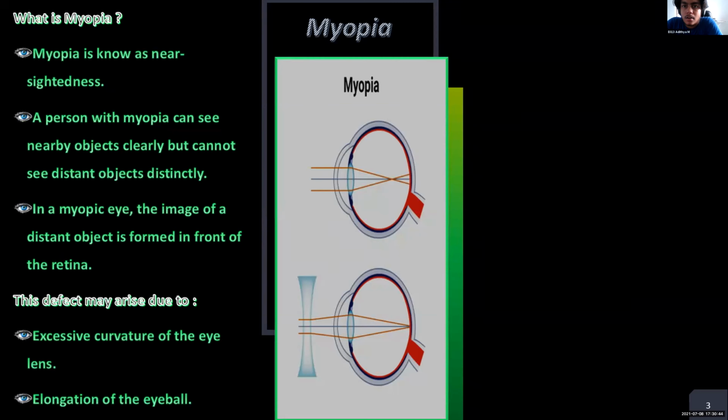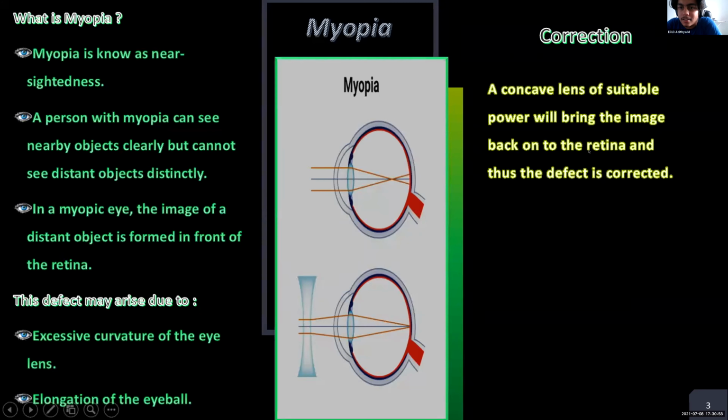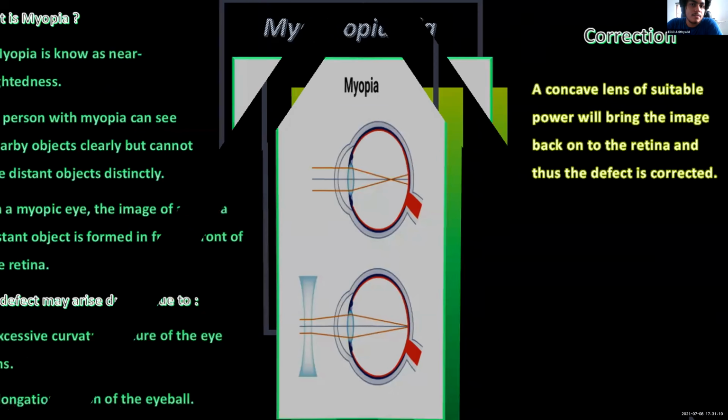So then we have the correction. Can someone tell how we can correct this defect? Yeah, with the concave lens. Thank you, Aditya. A concave lens of suitable power will bring the image back onto the retina, and thus the defect is corrected.